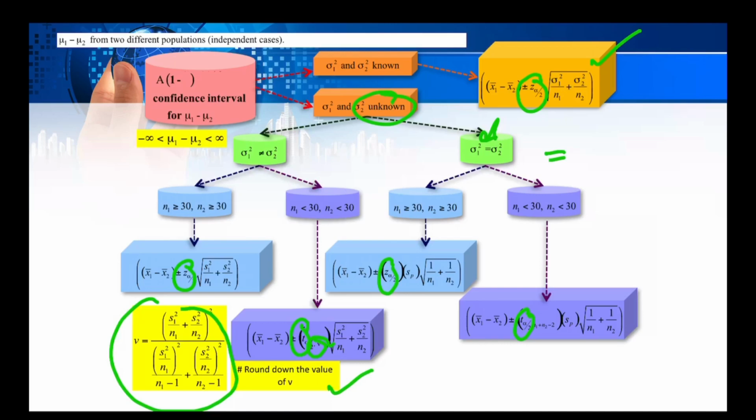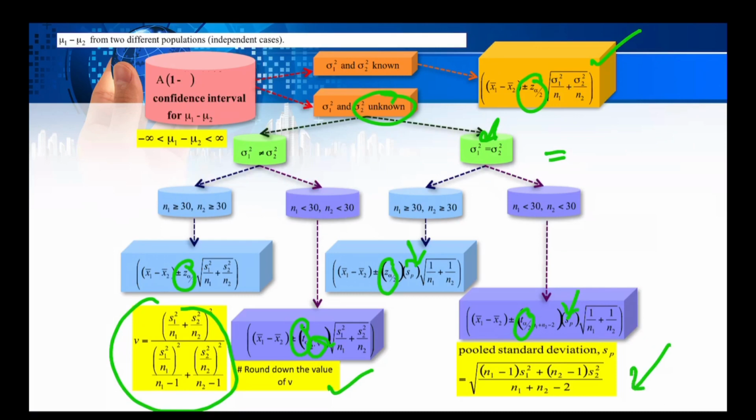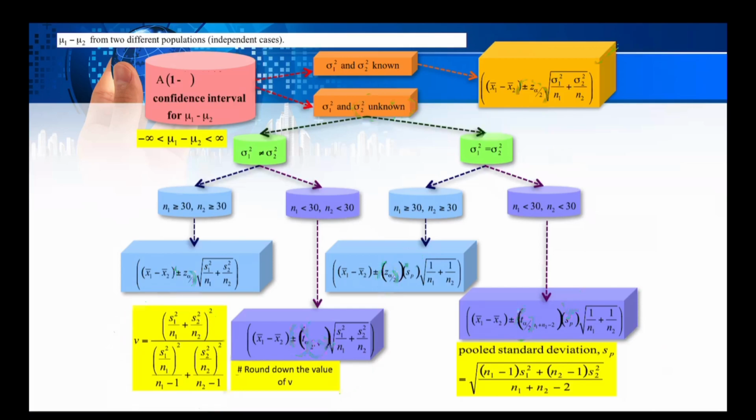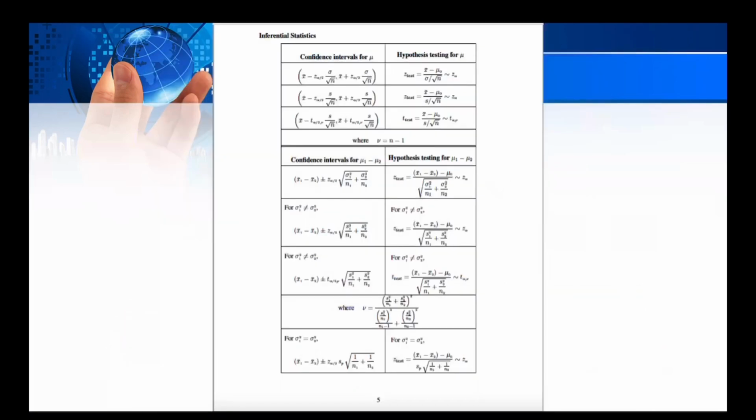For the case where both population variances are equal, you will notice you have Sp here. The formula for Sp is this one. So don't worry, you don't have to remember all these formulas. All these formulas are given in your statistical table, page 5.